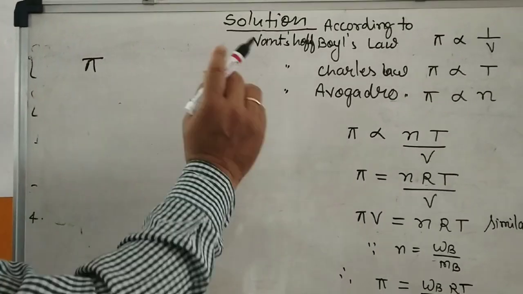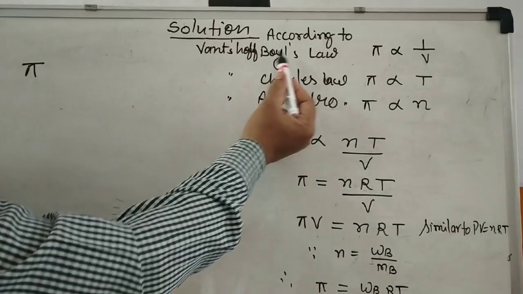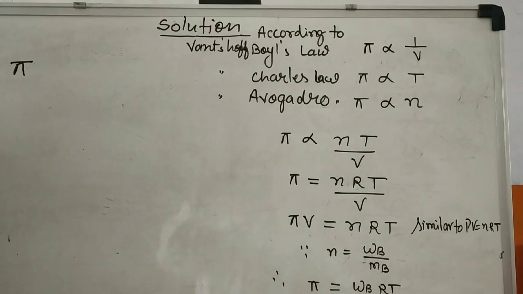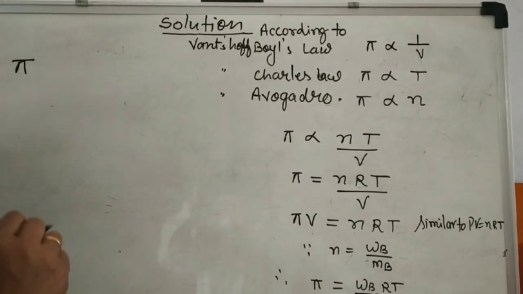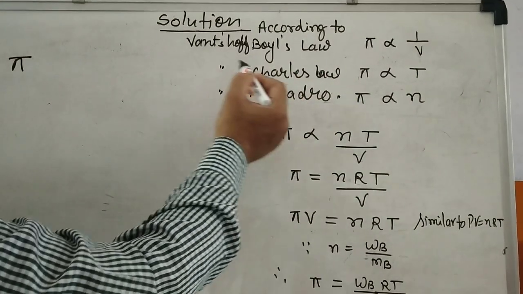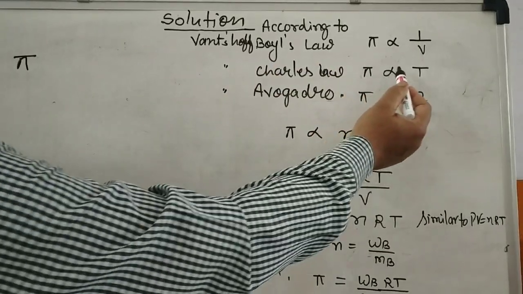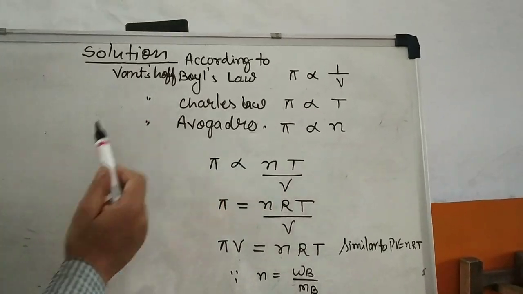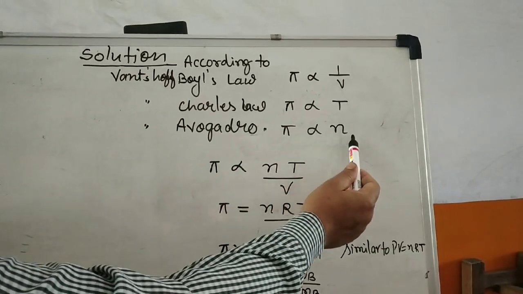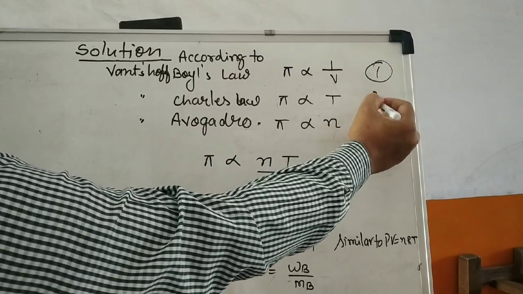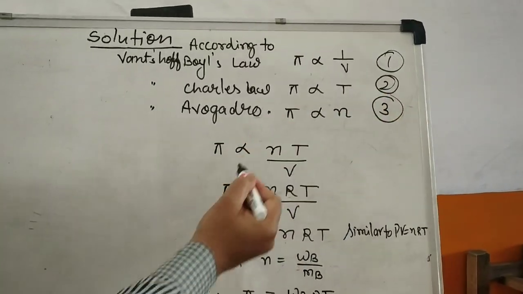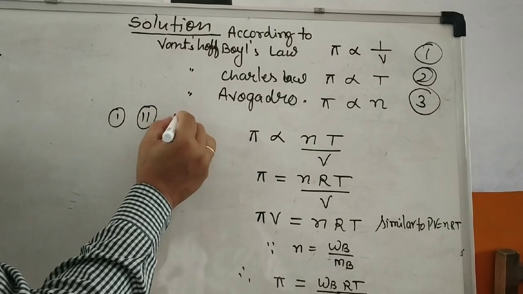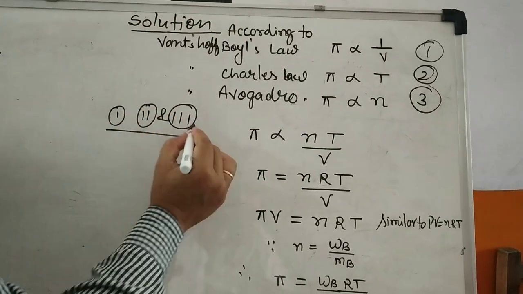So here 3 laws we have learned. According to Boyle's law, pi is inversely proportional to volume at constant temperature. According to Charles' law, pi is directly proportional to temperature. According to Avogadro's law, pi is directly proportional to n. So these are the 3 laws applied for the solution. All three laws are combined.